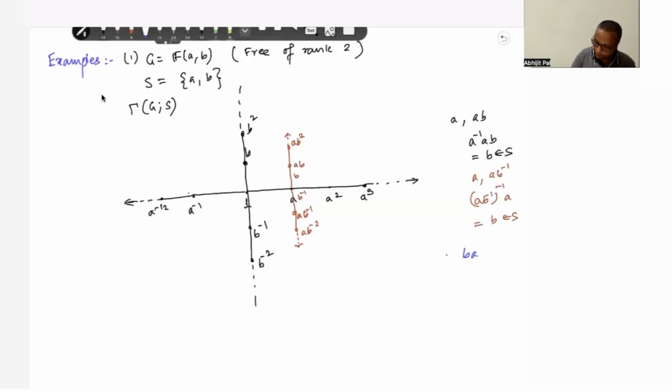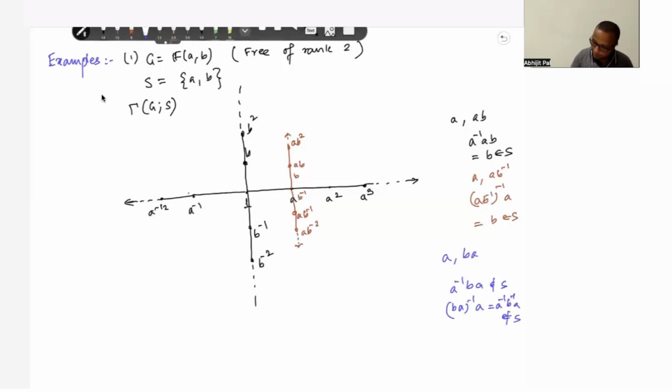And if I take these two elements, A and BA, so A inverse BA does not belong to S. And if I take BA inverse A, so this is equal to A inverse B inverse A. It also does not belong to S. So there does not exist any H between A and BA.